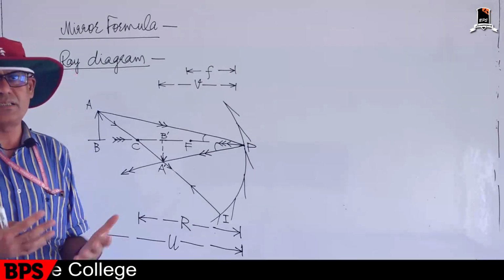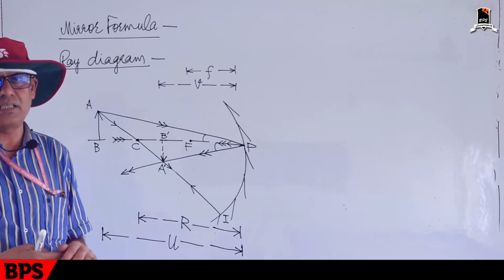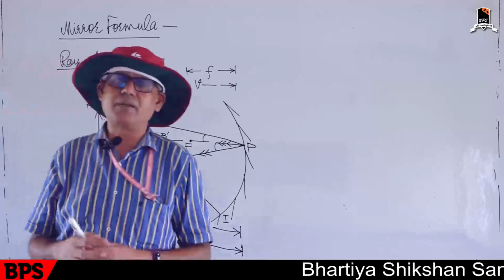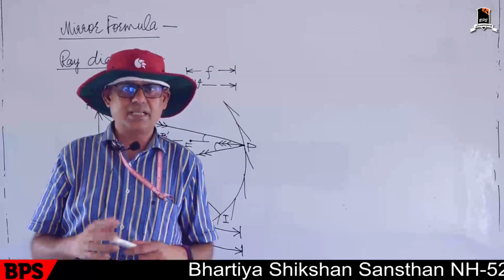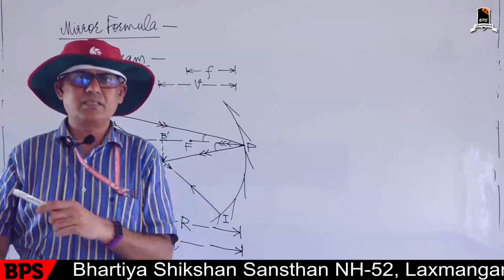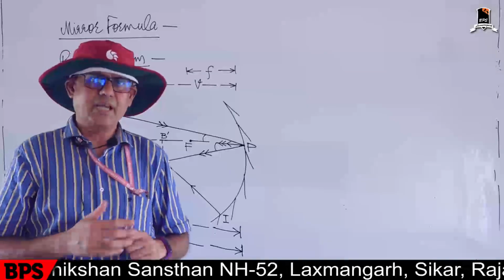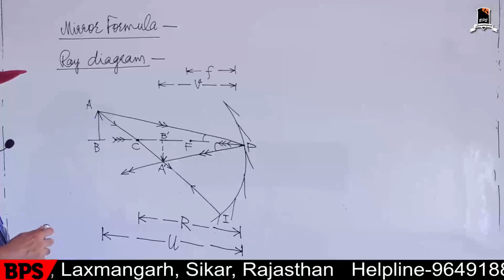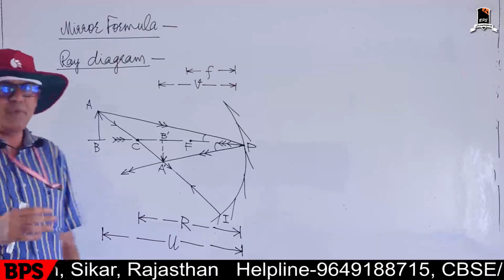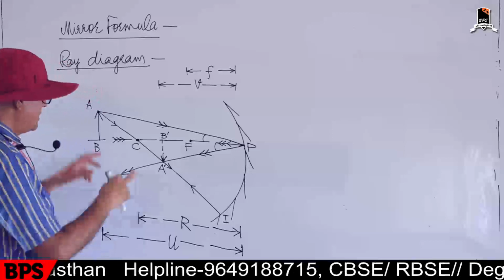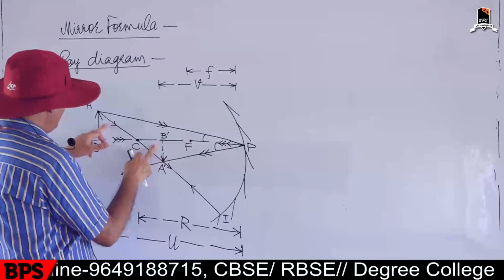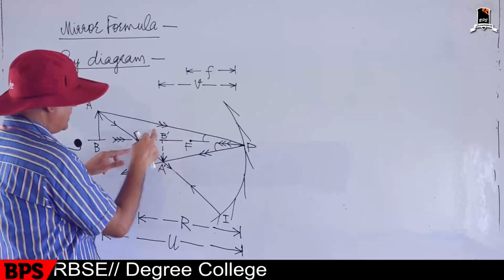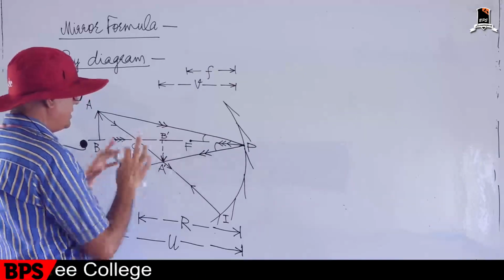If two triangles are similar to each other, then the corresponding side ratios will be equal in those triangles. This is a 10th class theorem and we will use it here to derive the mirror formula. So there are two pairs of similar triangles. One pair is triangle ABC and triangle A dash B dash C, which are similar.